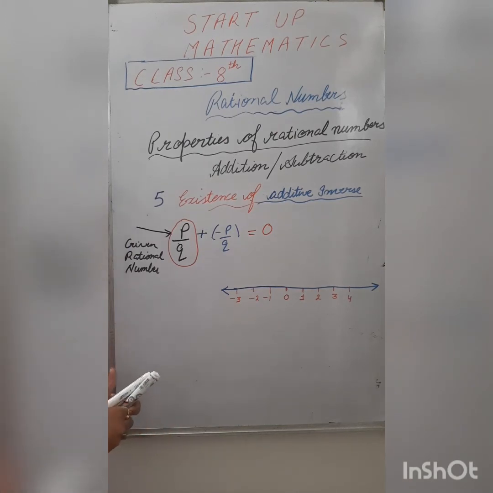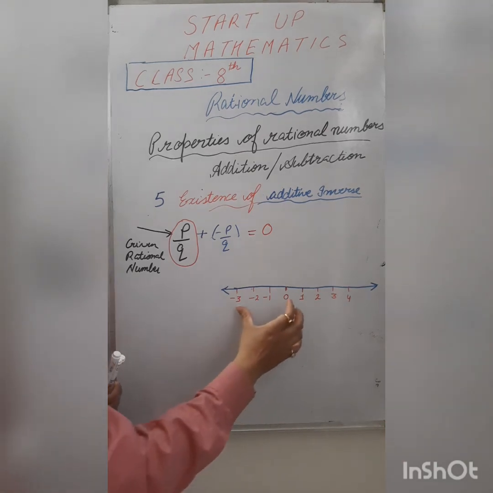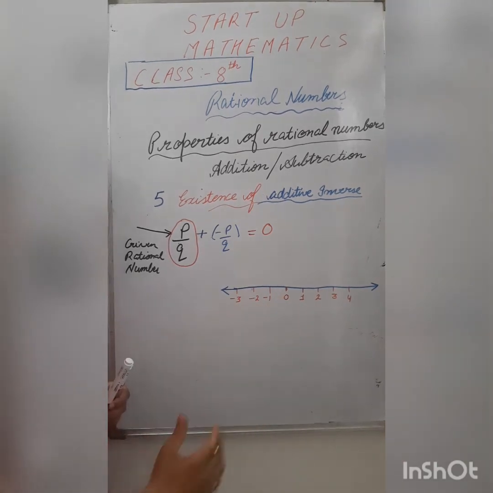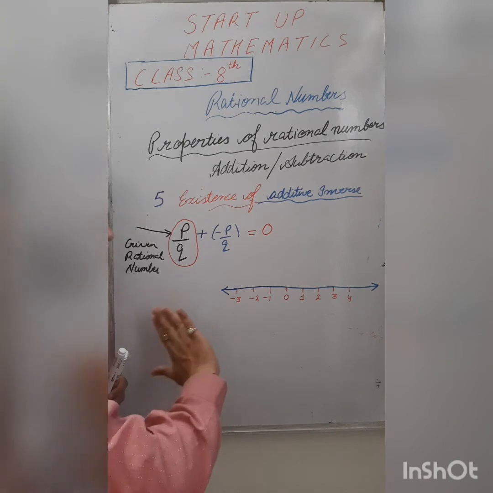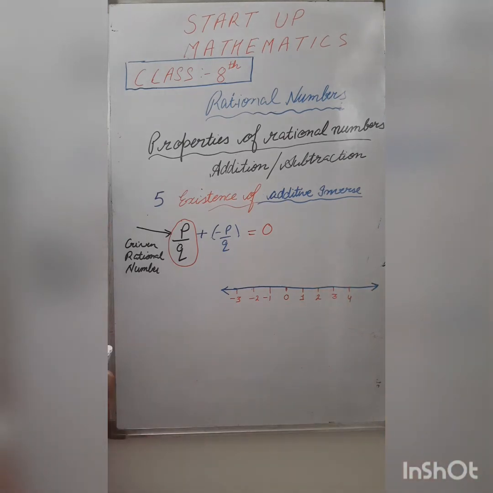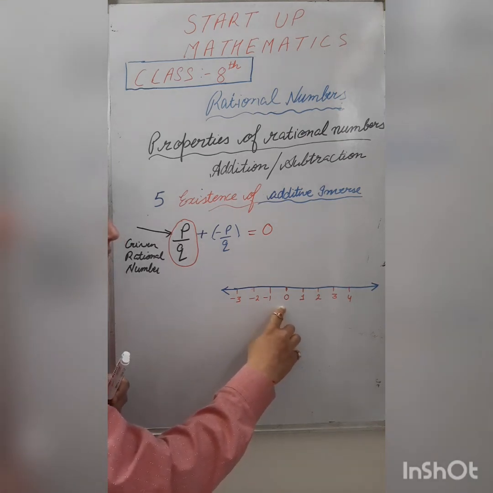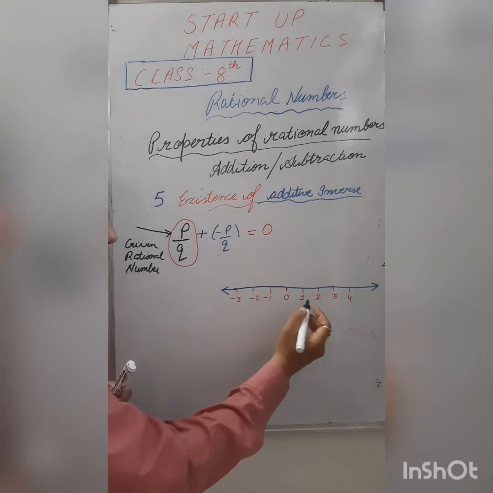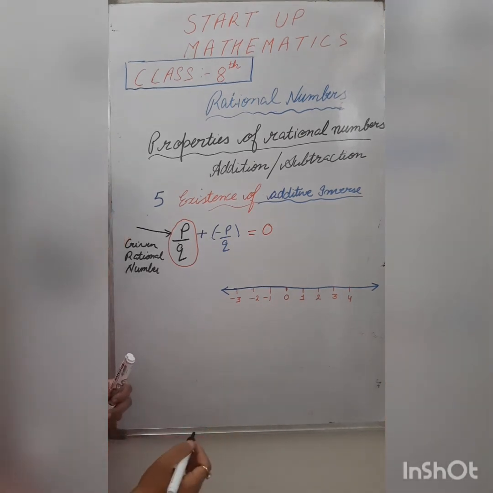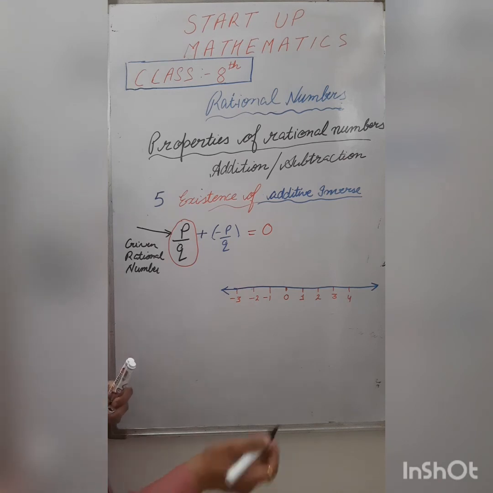You can see on this number line, it is a visual way of ordering numbers from smaller to bigger. Now see the number 2. It is a whole number, a natural number, an integer.